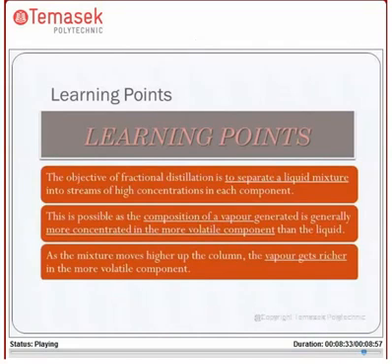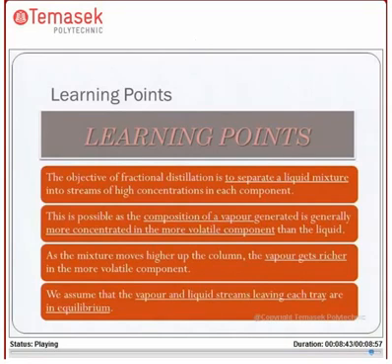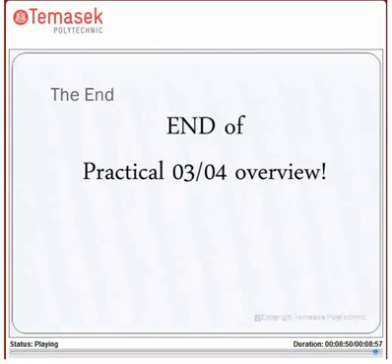As the mixture moves higher up the column, the vapor gets richer and richer in the more volatile component. And we assume that the vapor and liquid streams leaving each tray are in equilibrium. Thank you for your attention.